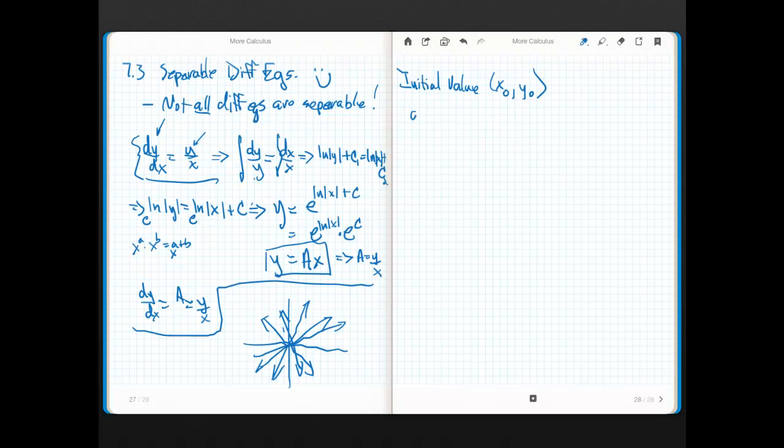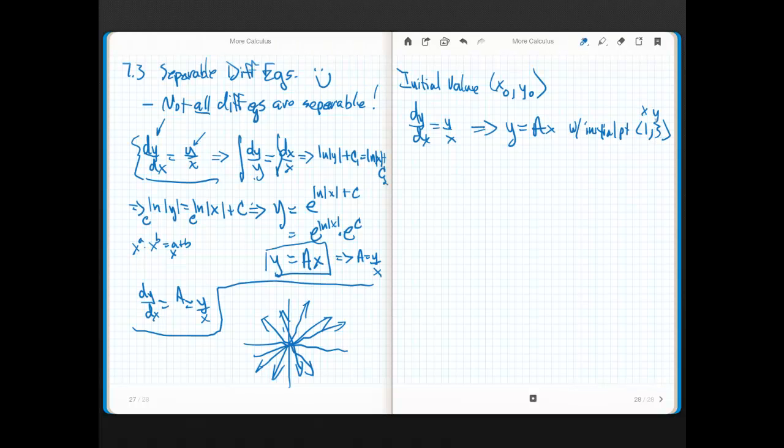So let's say that we take exactly the same problem, dy over dx equals y over x. We know that y is equal to a x. But we say that this thing passes through, let's go with initial point 1, 3. That's easy, isn't it? Just like we did before, right?